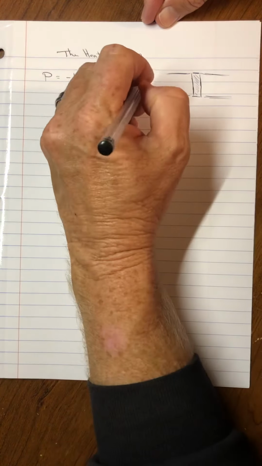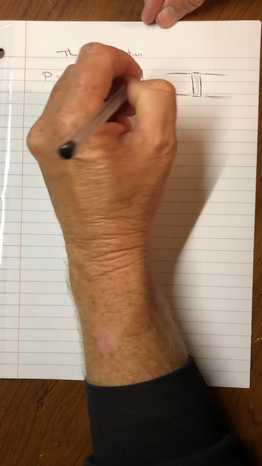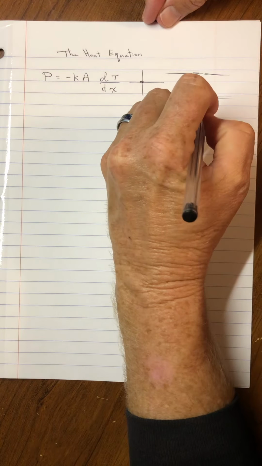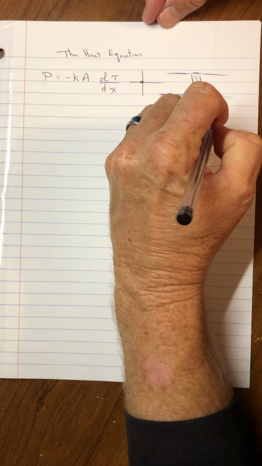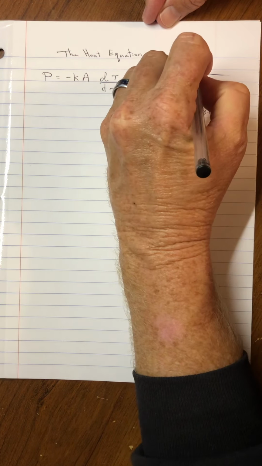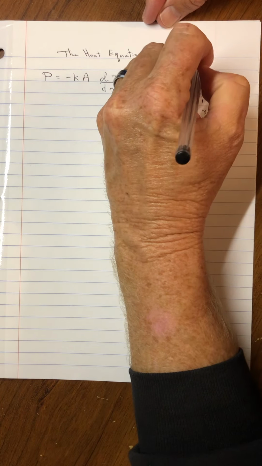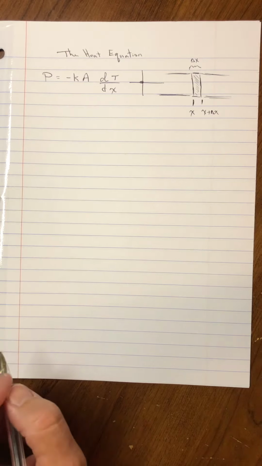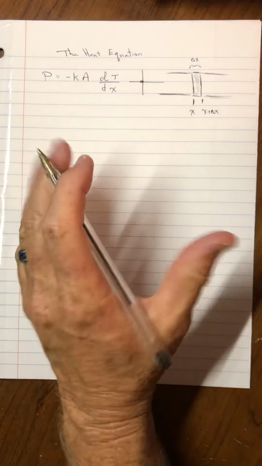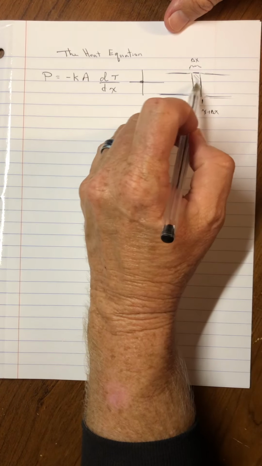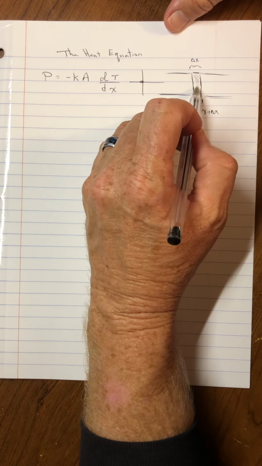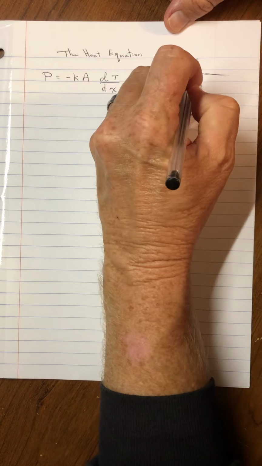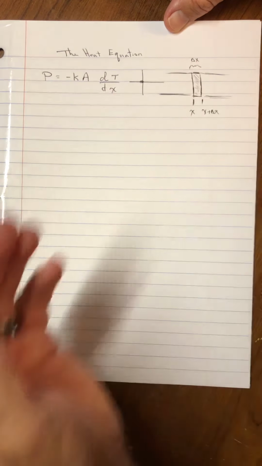If I had a grid here, this edge would be at position x, and this edge would be at x plus delta x, giving this little piece of material a thickness of dx. And I might just ask this very simple question: what is the change of energy within this little piece of material?